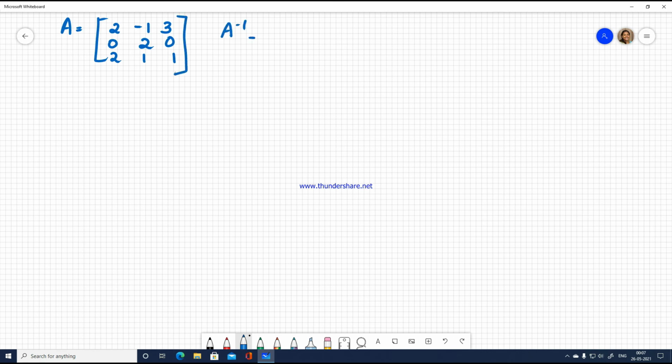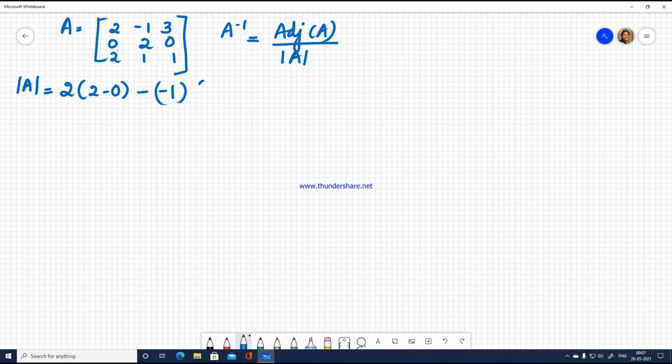So the formula is adjoint of A by determinant of A. Now let's find the determinant of A. So determinant of A is 2 into 2 minus 0, minus of minus 1 into 0 minus 0, then plus 3, it is 0 minus 4.